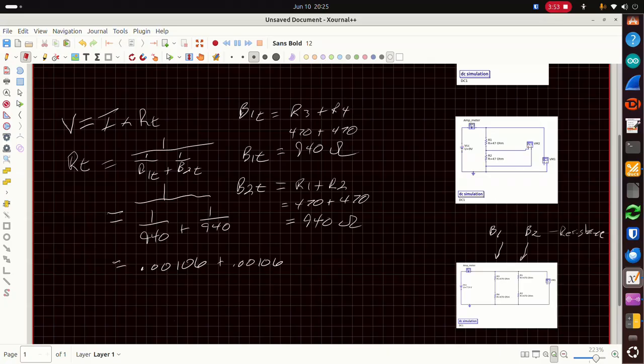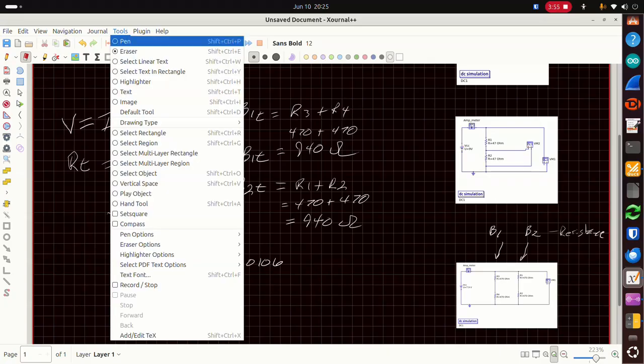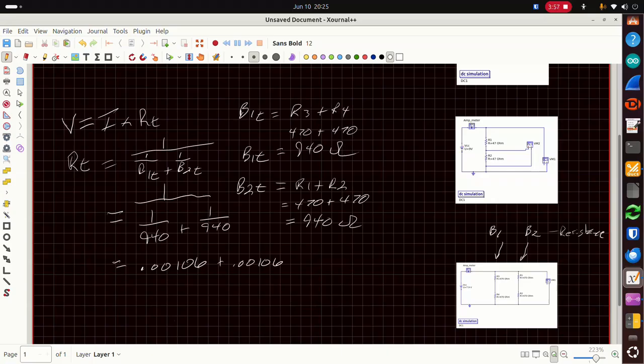And then the total of that, so 0.00106 plus 0.00106, we're going to add that up, so it's 0.00212.